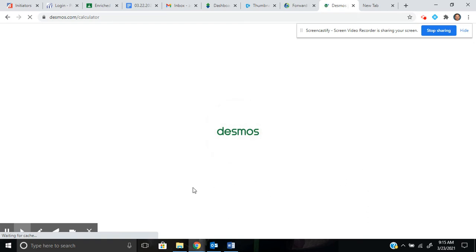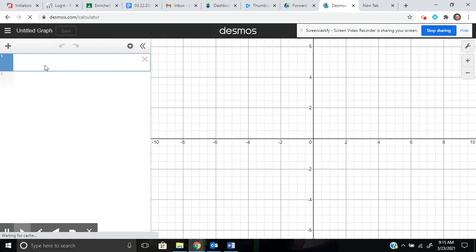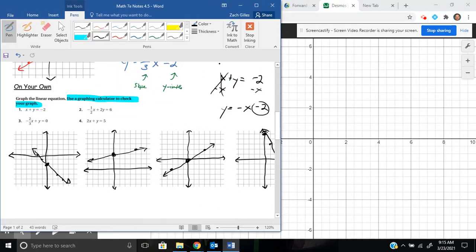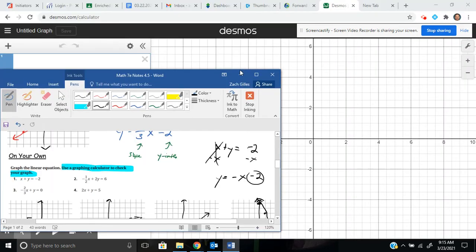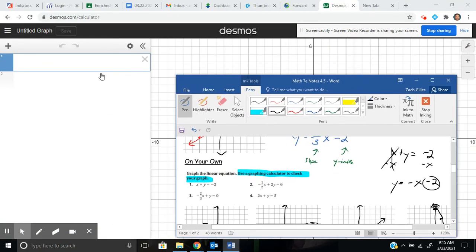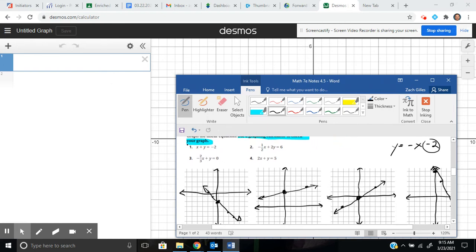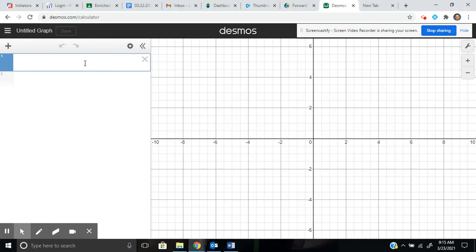Might take a minute to load, but you just have to put in your equation. So for example, I'm going to make this a little bit smaller so I can do 2 things here. We had x plus y equals -2. Let's check that for the first one. X plus y equals -2.